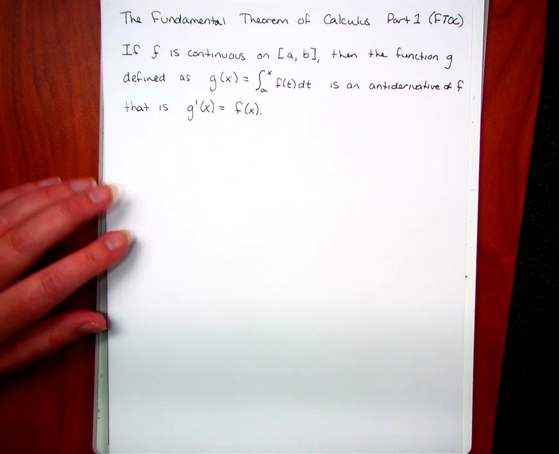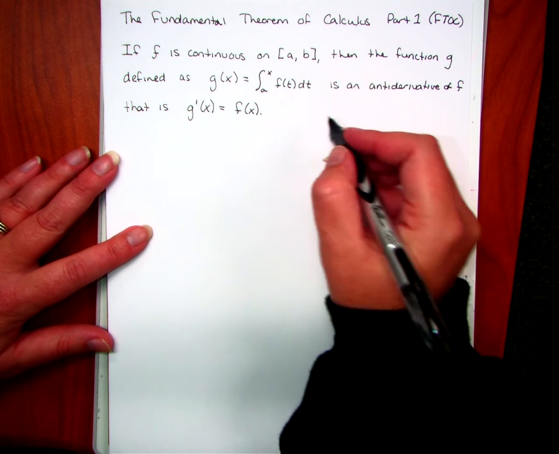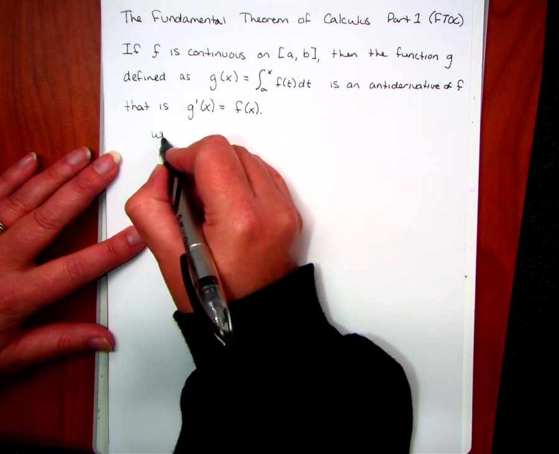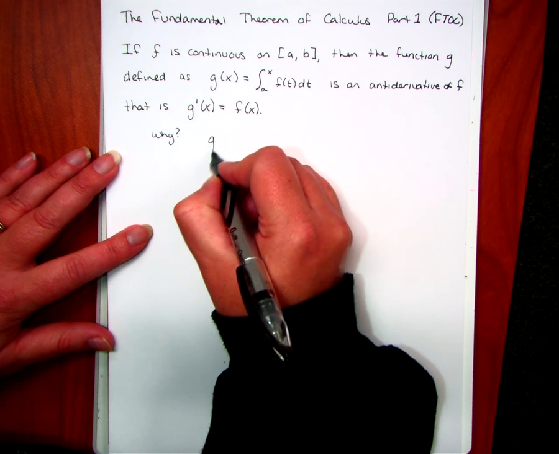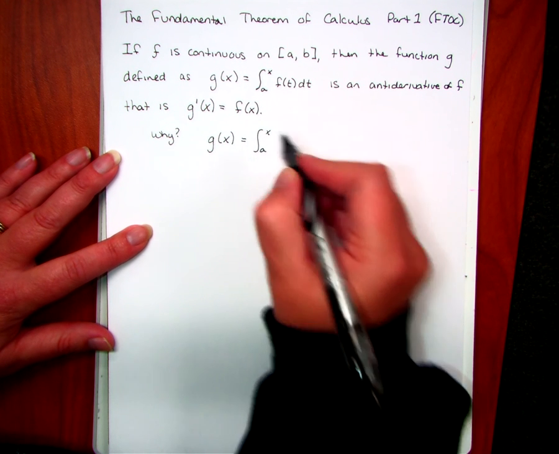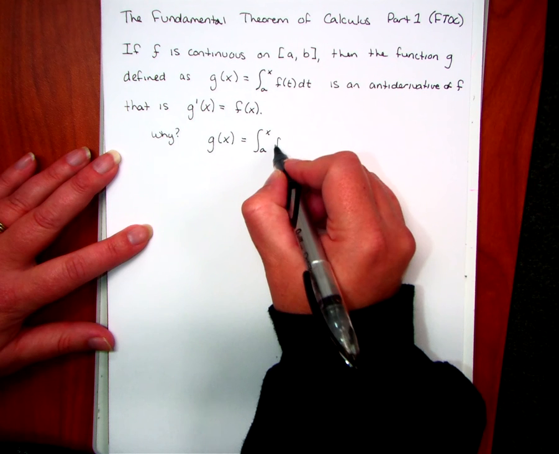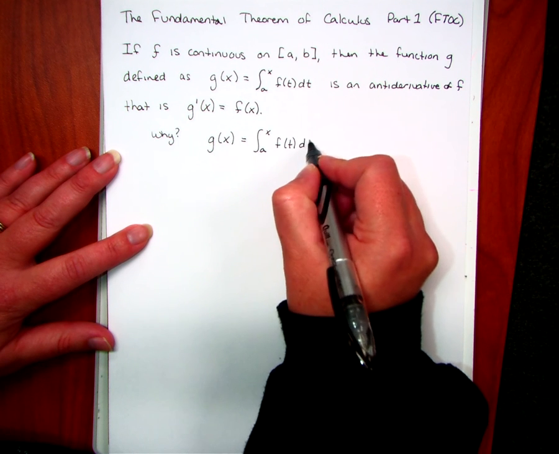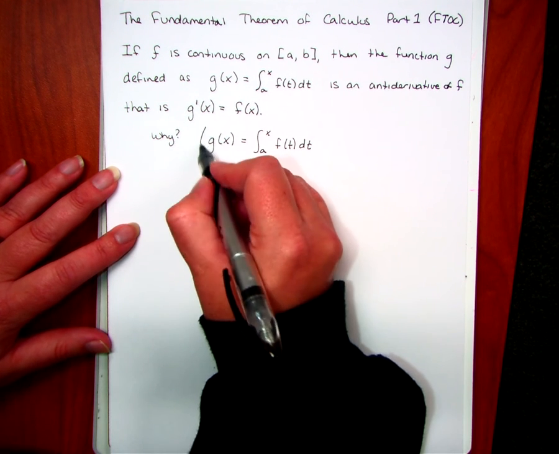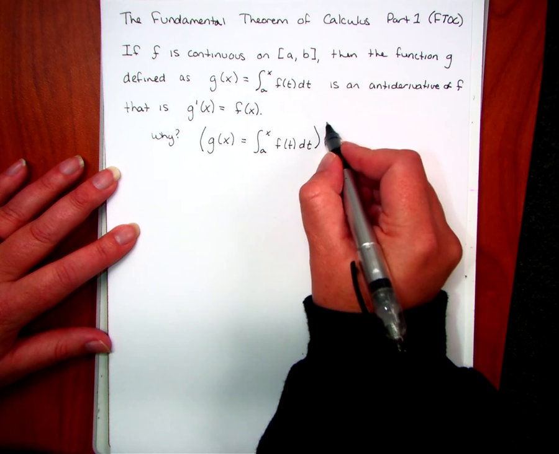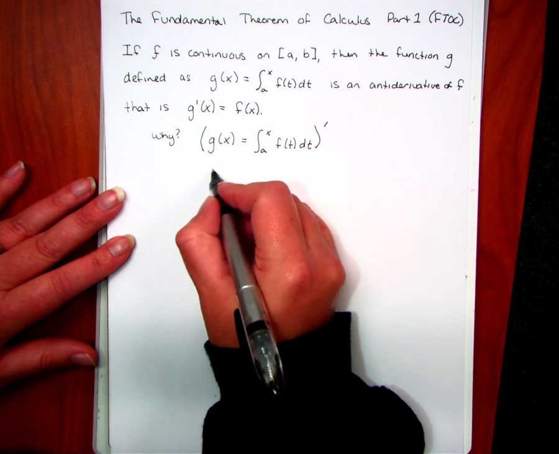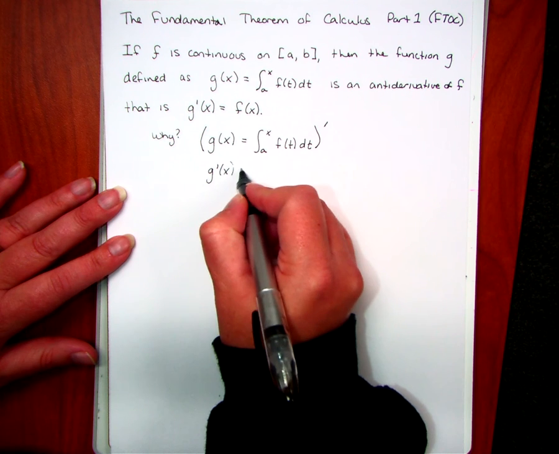So if I start with that equation, g of x equals the integral from a to x of f of t dt, all that you really need to understand is if I take the derivative of this equation, the derivative of g of x is g prime, right?